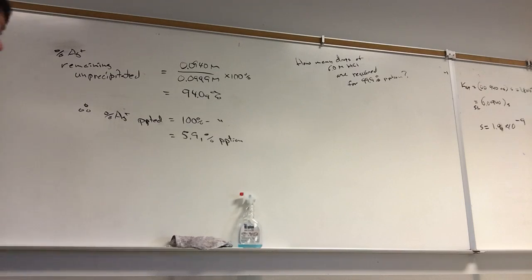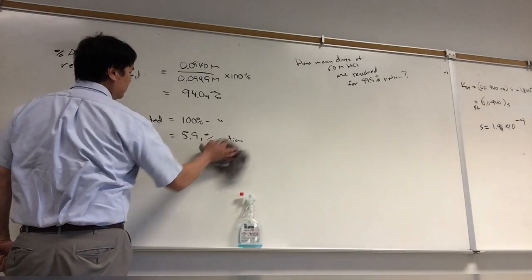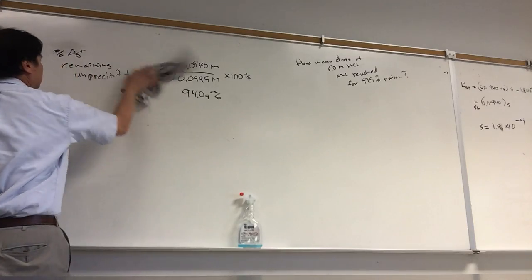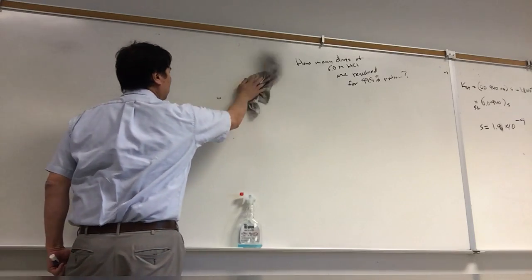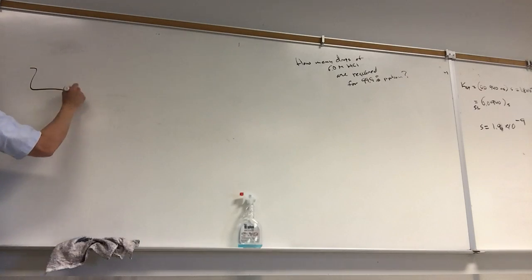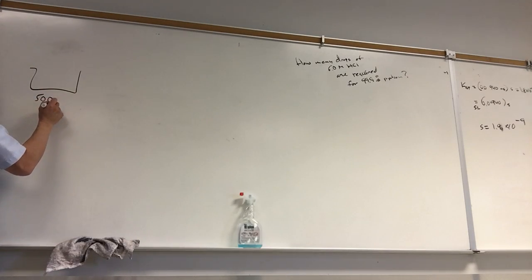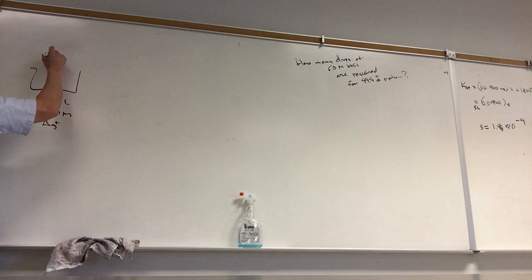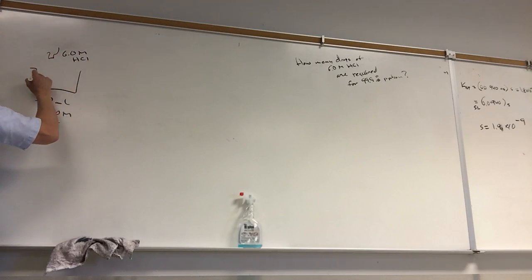In order to do that, we just set up the whole calculation and see how we can figure it out. And so we're starting off with 50.0 milliliters, 0.100 molar silver ions in solution. And then we're going to add some 6.0 molar HCl. But how much HCl do we need to add in order to get 99.9% precipitation?